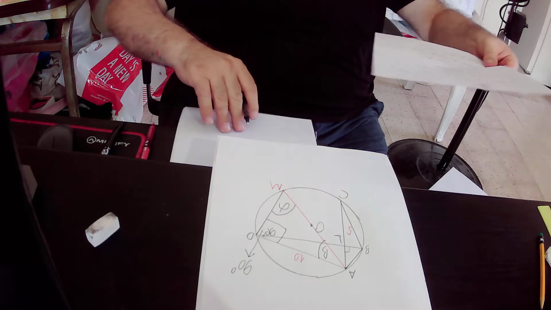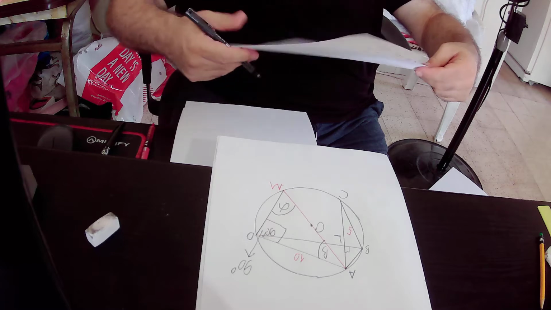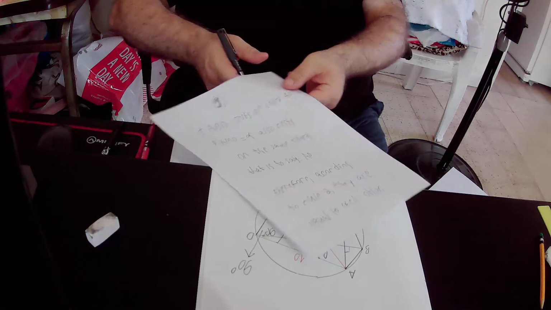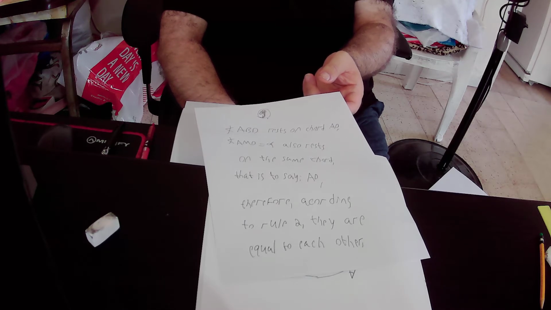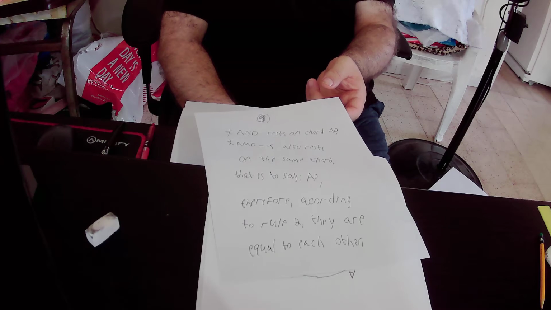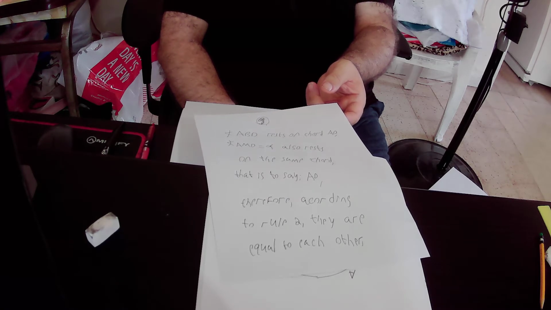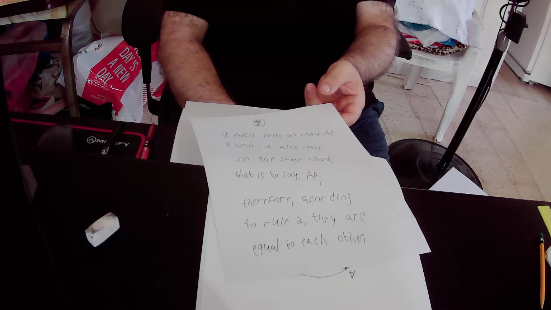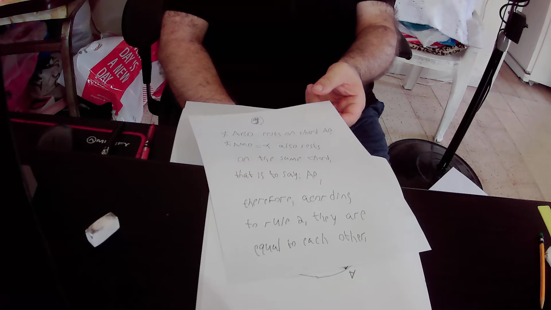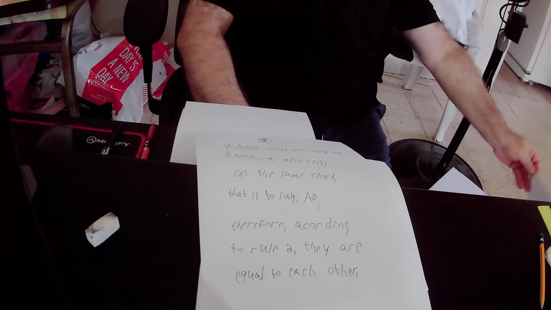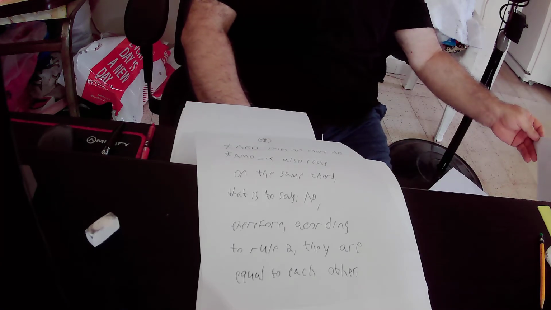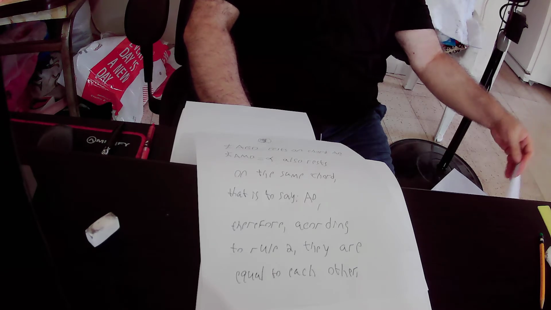So I will read again what I wrote. Angle ABD rests on chord AD, and angle AMD that equals alpha also rests on the same chord AD. Therefore, according to rule number 2, that states that if two peripheral angles rest on the same chord, then they are equal to each other.